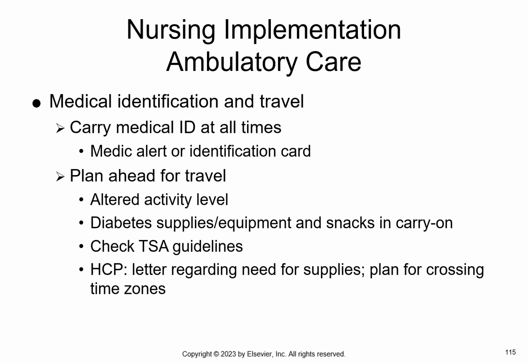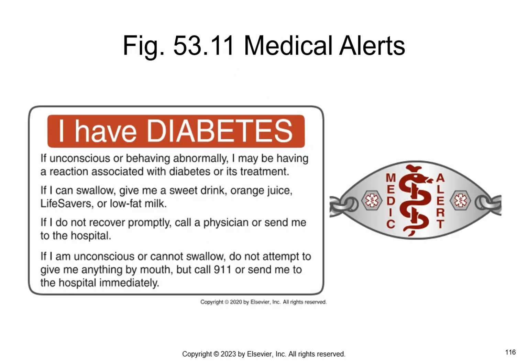For patients who use insulin or OAs that cause hypoglycemia, keep snack items and a quick-acting carbohydrate source for treating hypoglycemia in the carry-on luggage. There are alerts that you see on Figure 116. I have diabetes, and it tells them certain information as to what to do.